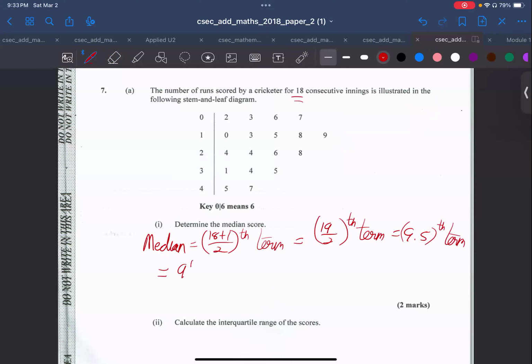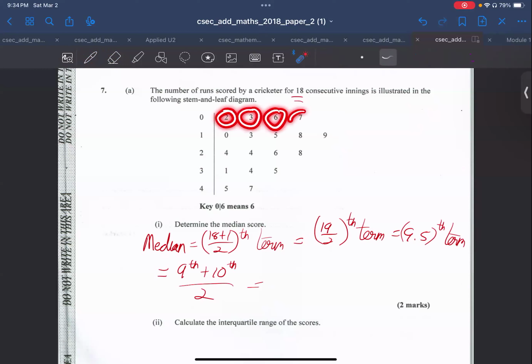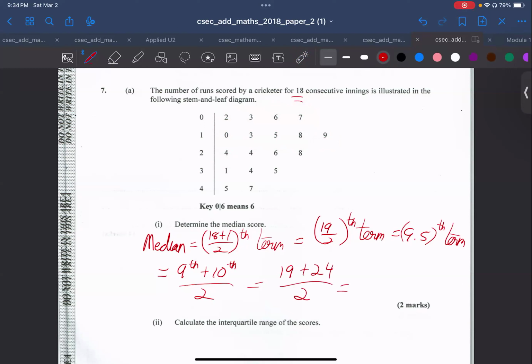So that is the 9th plus the 10th over 2. So let's count: 1, 2, 3, 4, 5, 6, 7, 8, 9, 10. So that'll be (19 plus 24) over 2, which is 43 over 2, which is 21.5.